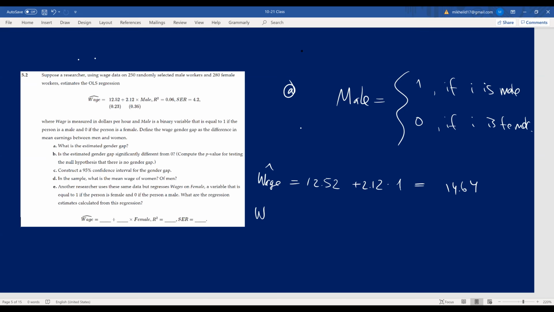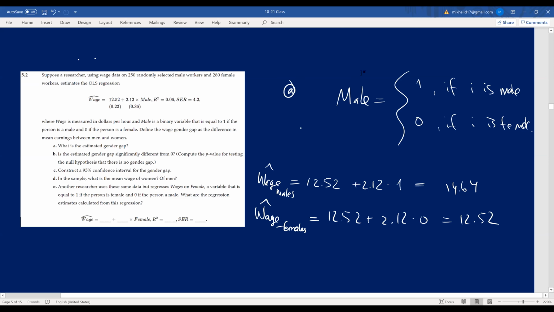I have to indicate here, this is for males. Wage head for females will be 12.52 plus 2.12 times 0, and that's 12.52.